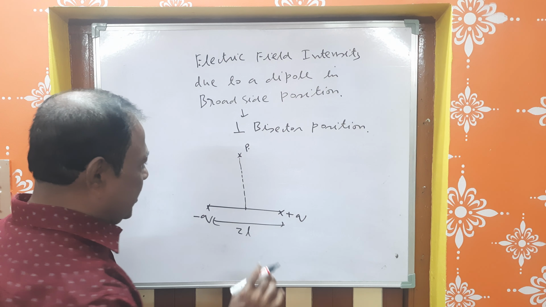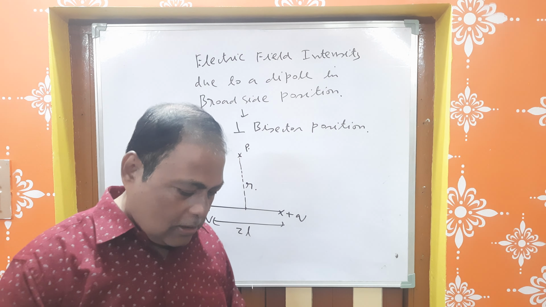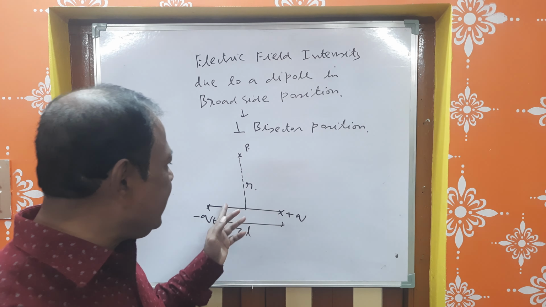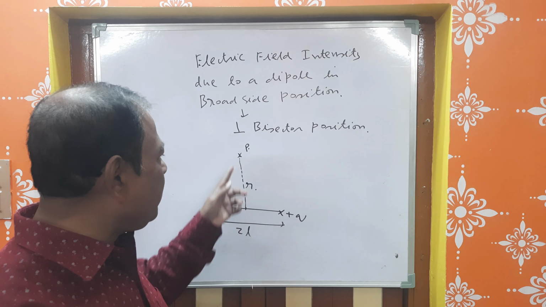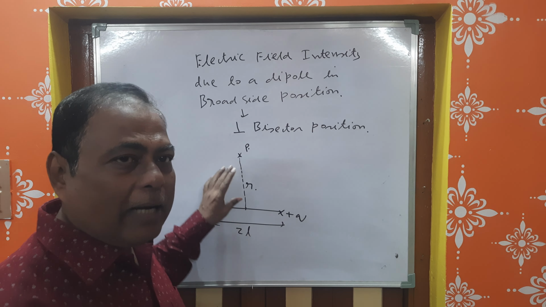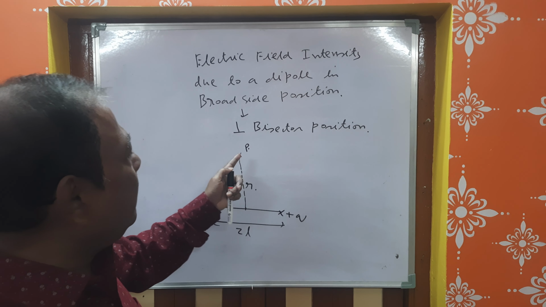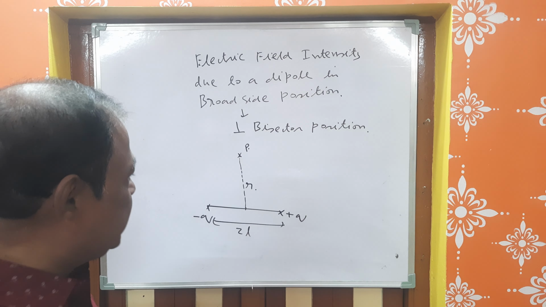So our target is to find the electric field intensity due to this dipole at point P, which is at distance R from the center of the dipole, perpendicularly. That is called the bisector position or the broadside position.